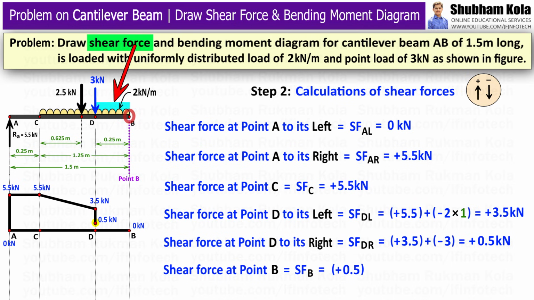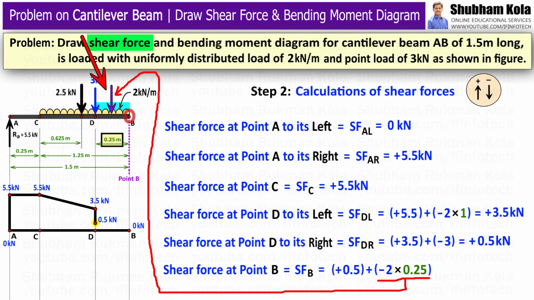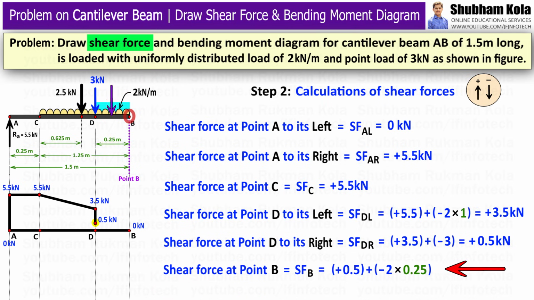Now in this case I will only convert this much part of UDL into point load, which is acting on the beam in the downward direction, and the downward force I will consider as negative, hence minus 2 kN per meter into distance 0.25 meter. So this is converted point load. So by calculating, this will get the shear force at 0 kN.